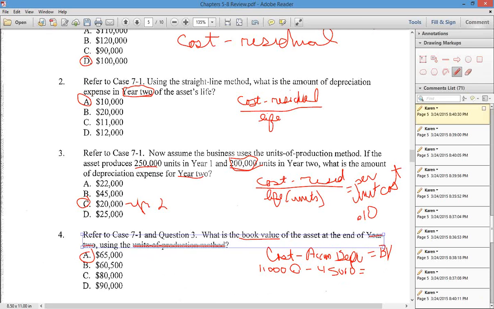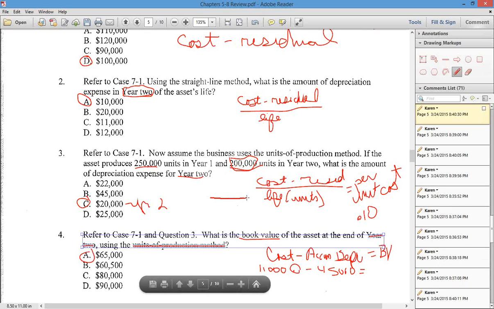Our adjusting entry at the end of year 1 would have been depreciation expense, 25,000, accumulated depreciation, 25,000. Year 2, we would have calculated it for the 200,000 times 10 cents. Our adjusting entry at the end of that year would have been depreciation expense, 20,000, accumulated depreciation, 20,000.